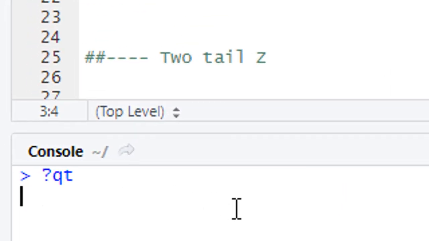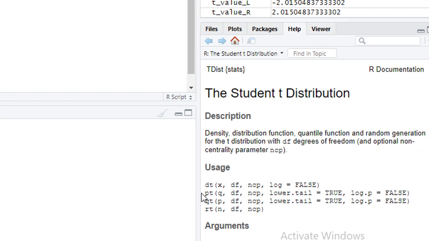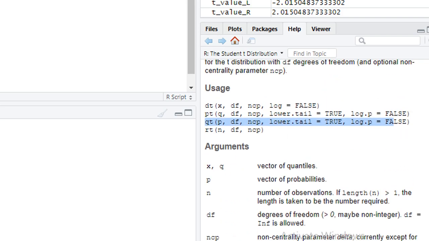Question mark qt will give you the quantile help. Here you can see the help of this function qt, and there is not only qt but also other functions pt, dt and rt. For qt, let's see what the arguments of the function are: p for probability, degrees of freedom, and ncp for non-centrality parameter. lower.tail equals TRUE will give us lower left tail T values.